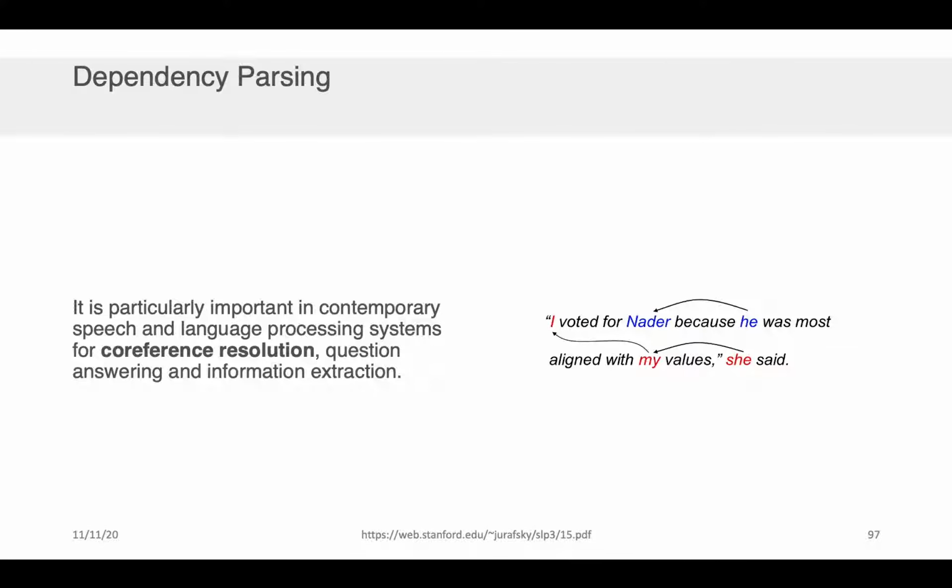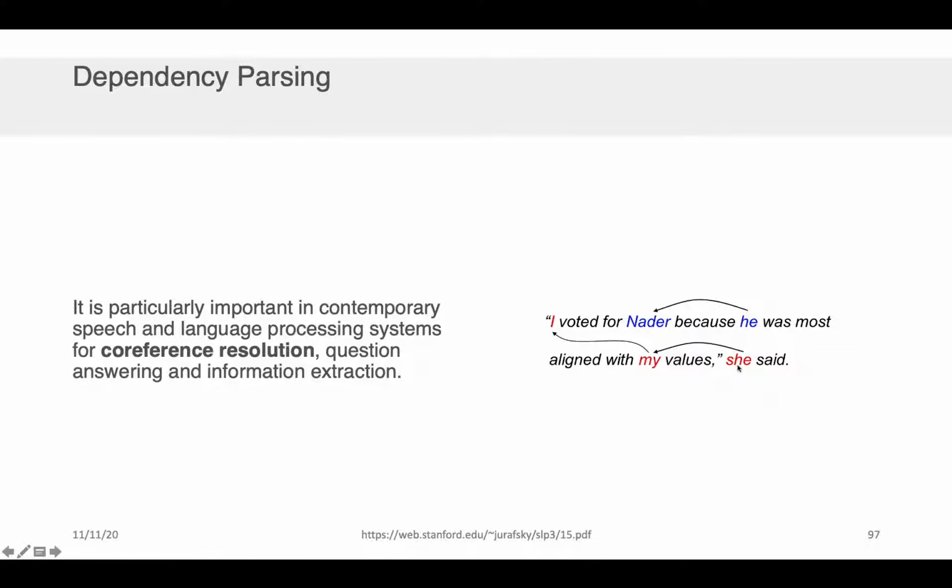These approaches of dependency parsing have become particularly important in a lot of contemporary speech and language processing systems for the problem of coreference resolution, which is where you have a sentence such as, I voted for Nader because he was the most aligned with my values, she said.